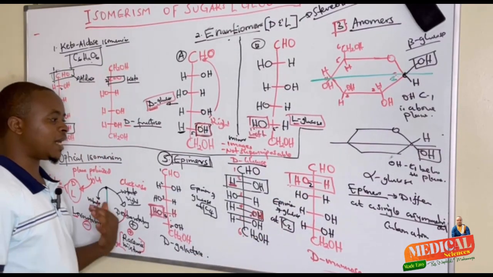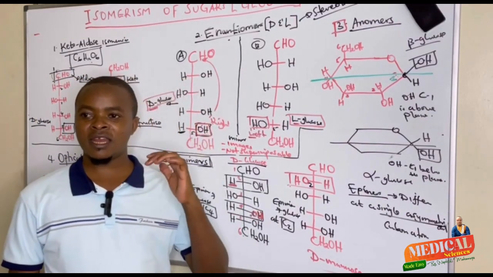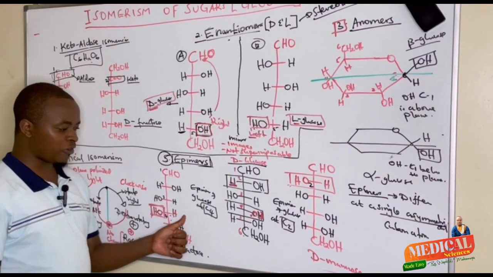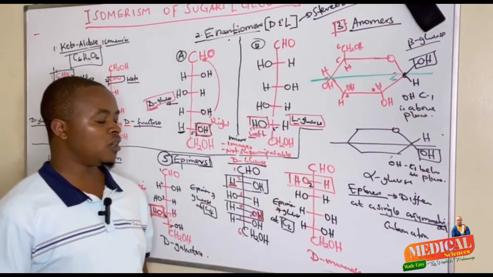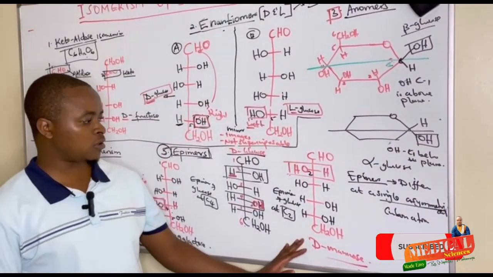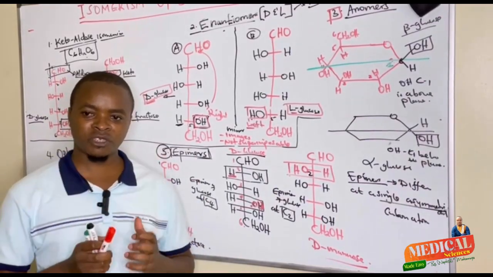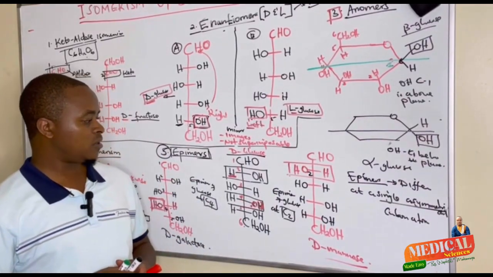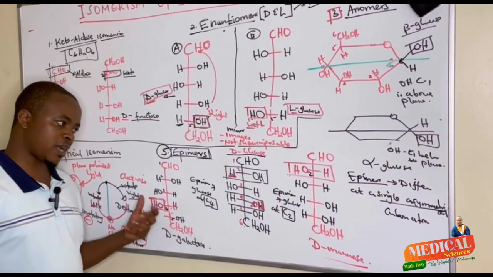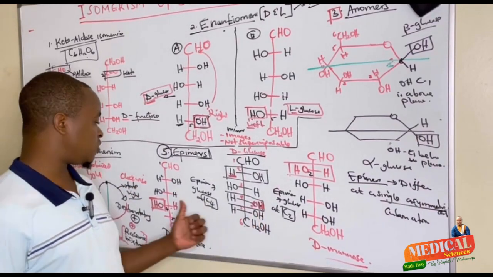So in summary, we can see galactose and mannose are epimers of glucose at carbon number 4 for galactose and carbon number 2 for mannose. So they differ in arrangement at a single asymmetrical carbon atom, whereby if the hydroxyl group is on the right here, it goes to the left.